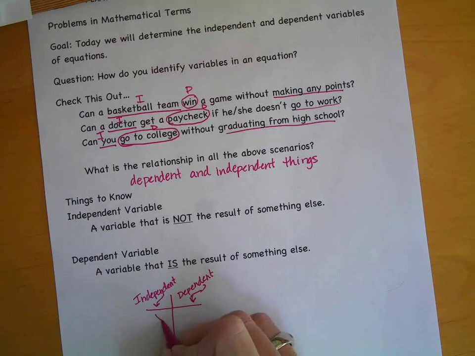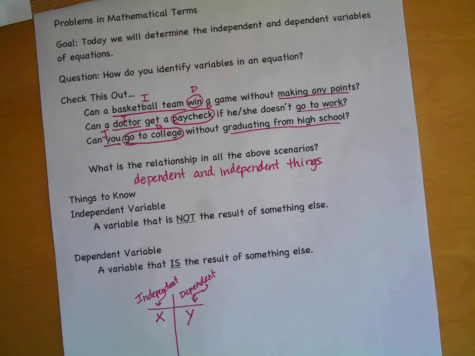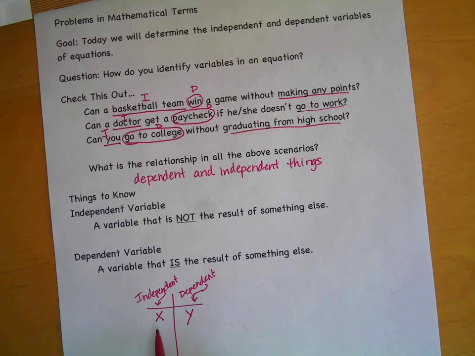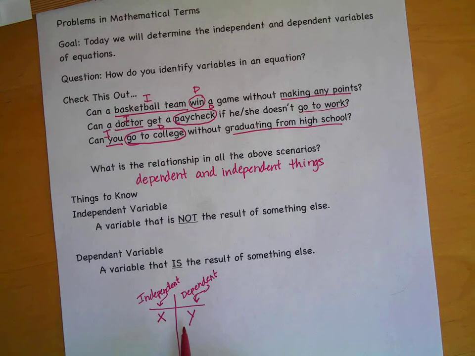And a lot of times we talk about the independent variable being x and the dependent variable being y. Now that's not always the case forever and ever, but most likely the independent variable is usually the x and the dependent variable is the y. And the reason why we talk about this is y cannot exist without changing x. And so that's what we're thinking about with that, okay?